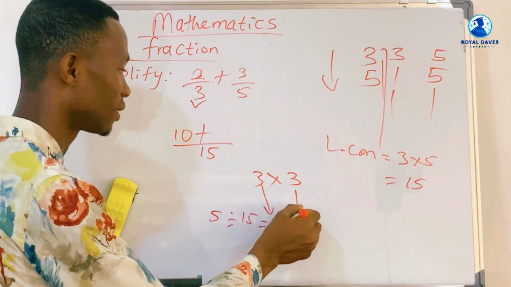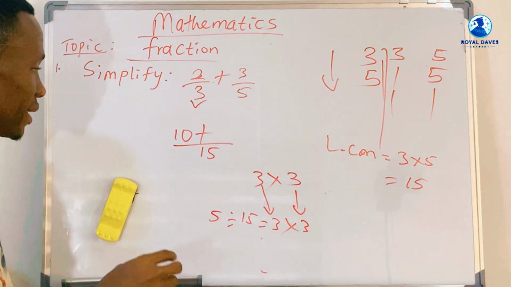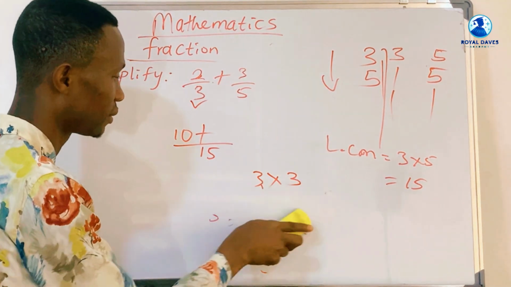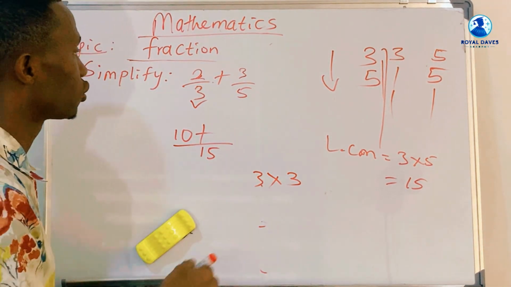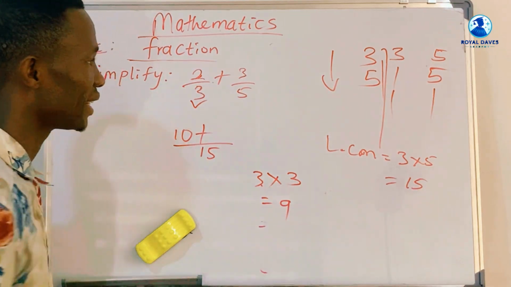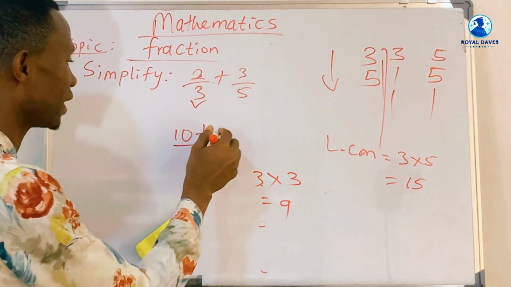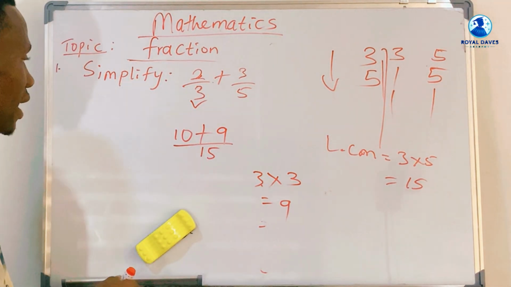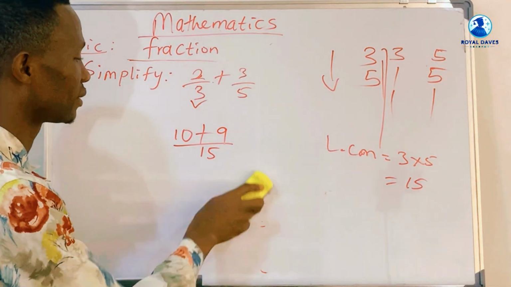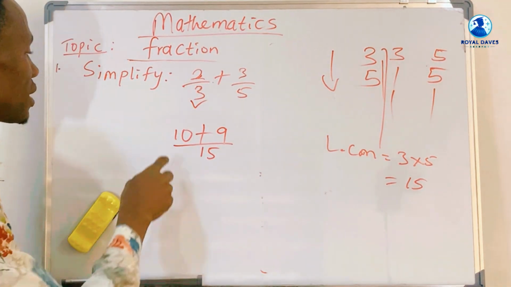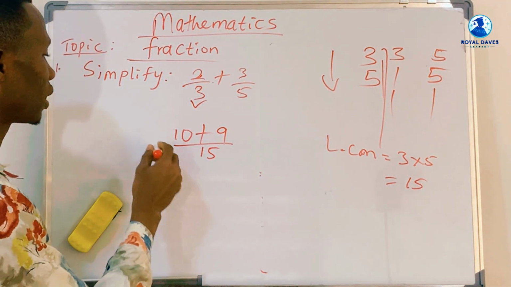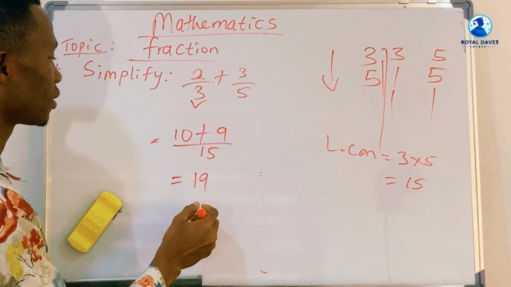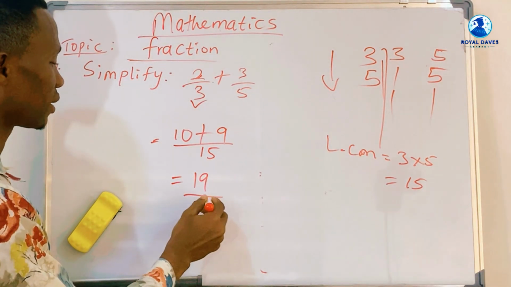I hope you understand. So 3 times 3 will give you 9. So write down 9 here. And then add up the numbers, which is the third step. 10 plus 9 will give you 19 over this 15.